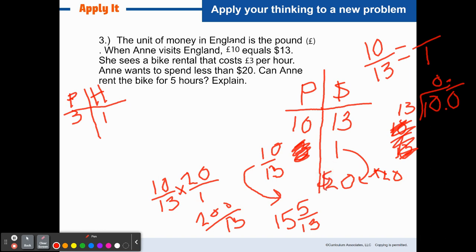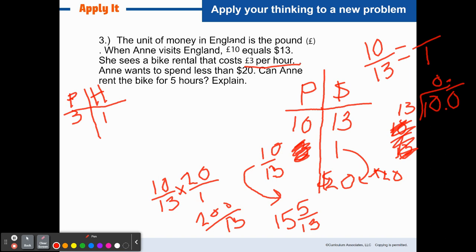And it's £3 per 1 hour, that's what this is right here, right? Then we can see that I know that 3 times 5 is 15.